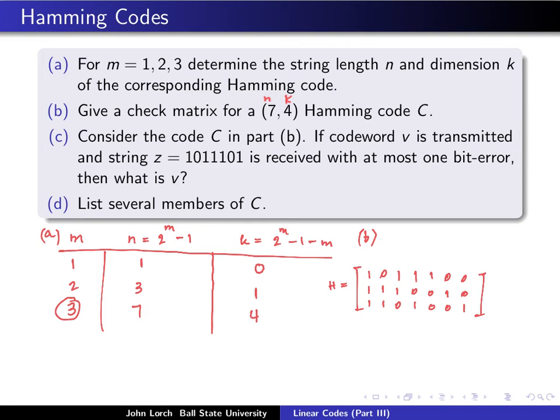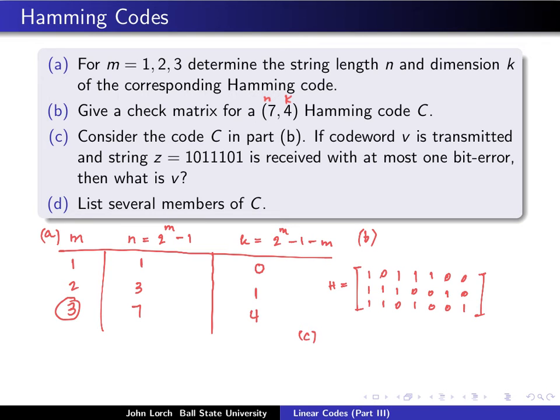All right, now for part C, we're asked to correct, we have a code word V that's transmitted, and this string Z is received with at most 1-bit error. Then we're supposed to find out what was the original code word.